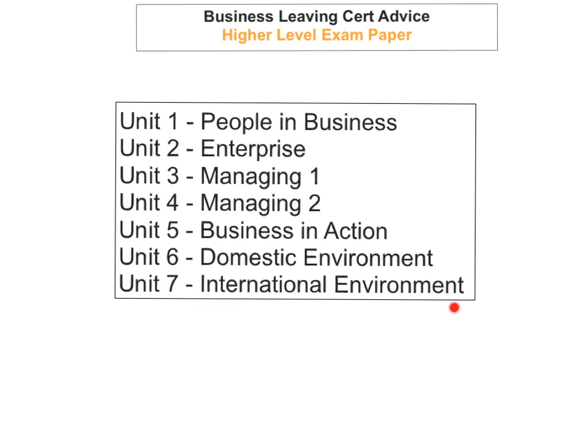And the last one is Unit 7, international environment, and this is looking at the European Union, global business and international trade. So that's how the business higher level paper is broken down. It's broken into 7 different units, and I've spoken about what you need to know for each unit.